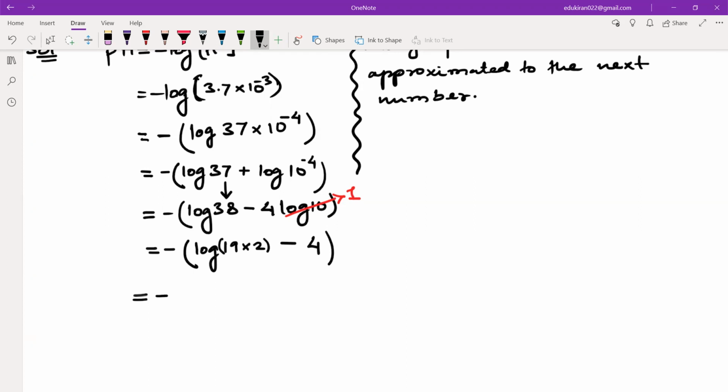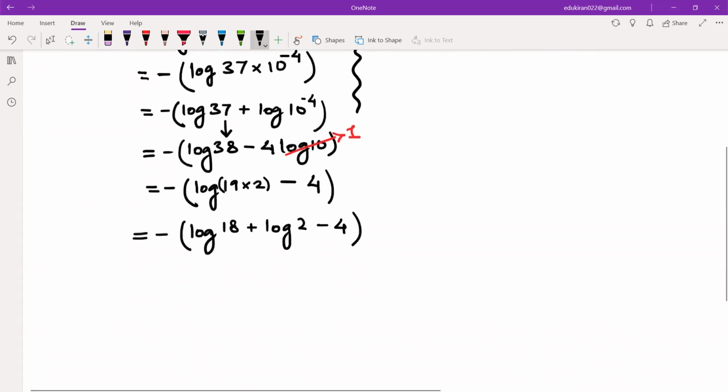But for the first time, you have to increase. If you have to approximate only one time, then you need to increase it. Now you can decrease the number and write 18 here. So this you can write as minus log of 18 plus log of 2 minus 4, right? Rather than writing 19, I have written 18.